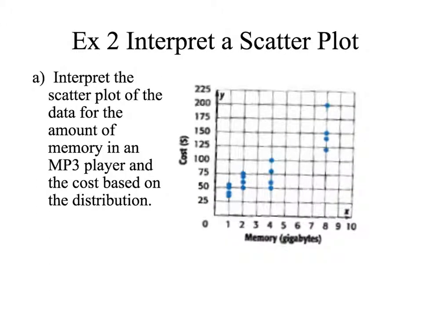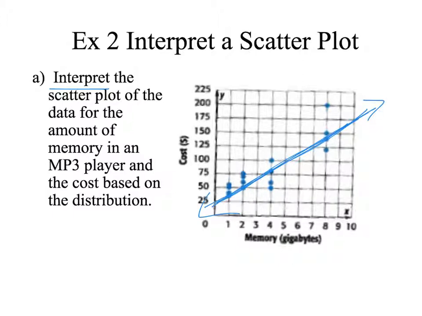So here we want to interpret the scatter plot, and unfortunately the scatter plot's not very clear, but we're looking at our data here. Hopefully you are seeing a little bit of a positive linear trend. And because of that, when it's asking you to interpret it, you would tell me what you would see on the graph.